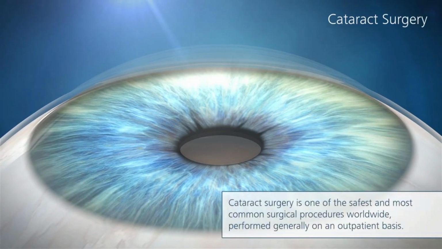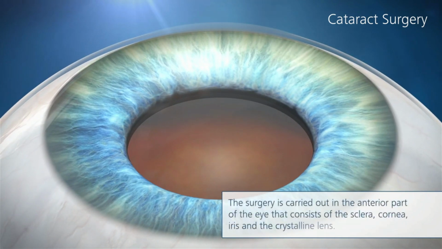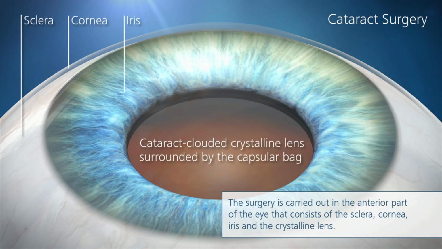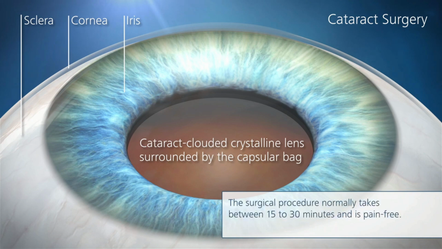Cataract surgery is one of the safest and most common surgical procedures worldwide, performed generally on an outpatient basis. The surgery is carried out in the anterior part of the eye that consists of the sclera, cornea, iris, and the crystalline lens. The surgical procedure normally takes between 15 to 30 minutes and is pain-free.